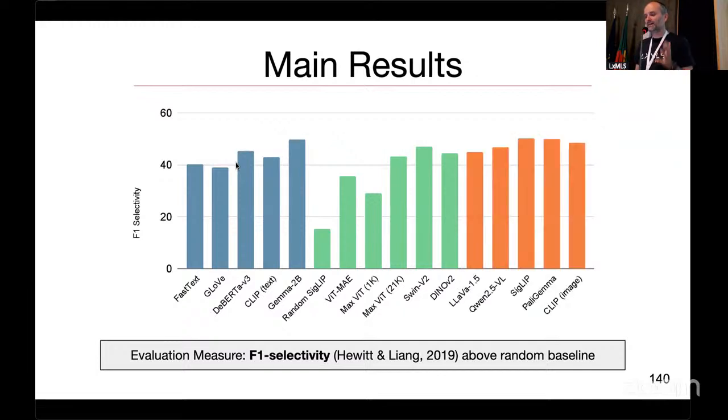Then we also extracted the visual encoder from multimodal models like we've been discussing in the previous section, and these perform better than either of the modality-specific approaches, which is reassuring that we learn something useful about the world by combining visual and linguistic representations.